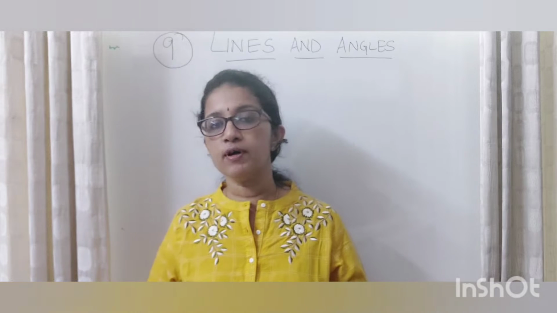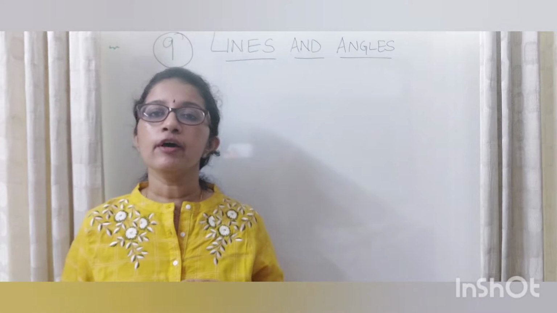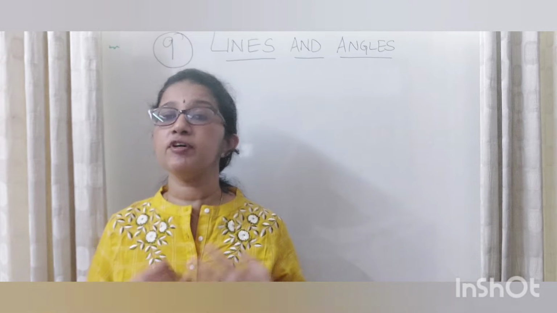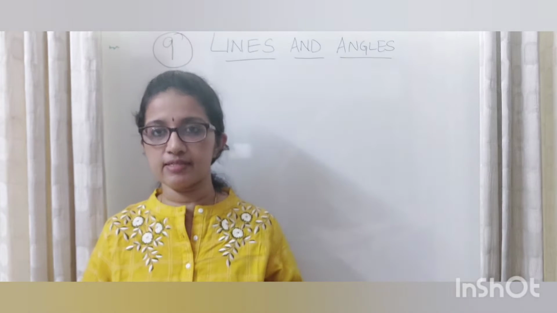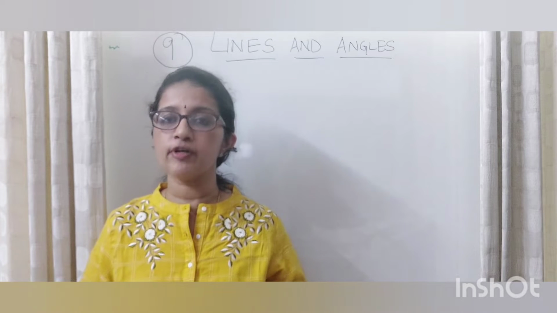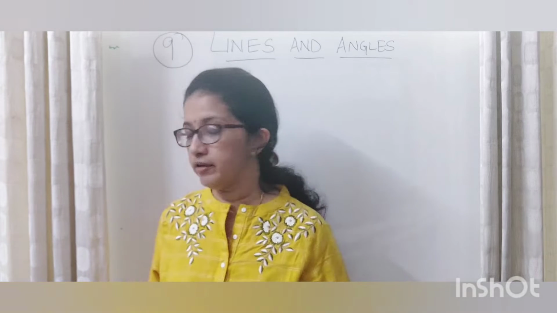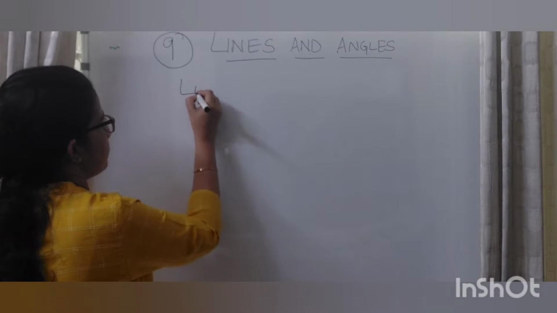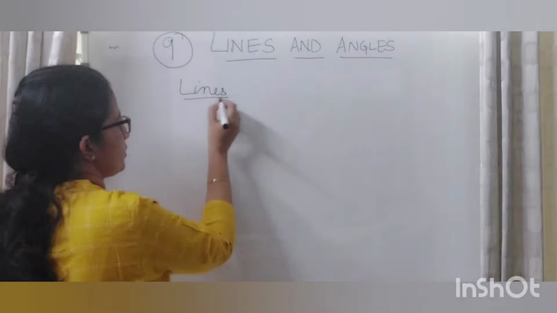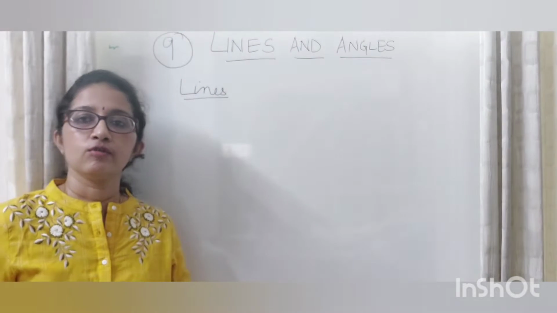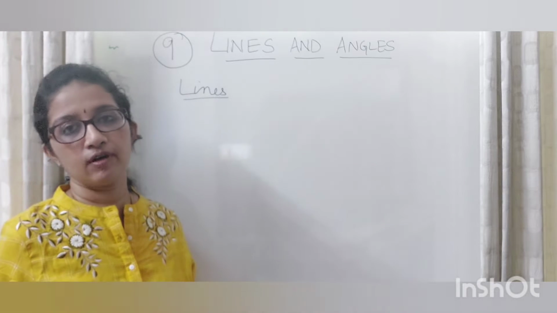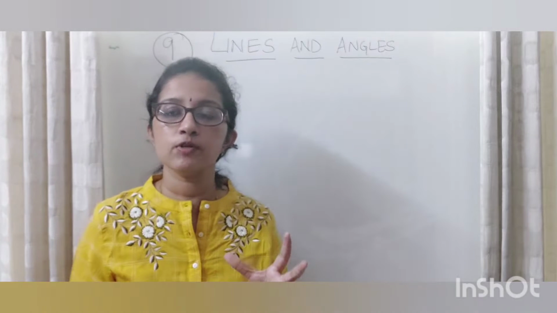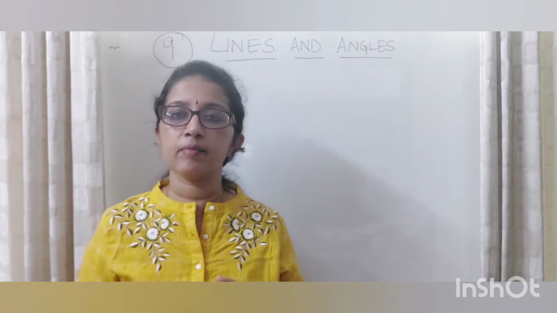First, we are going to revise some of our previous topics which we have already discussed, even in the last chapter. So this is just going to be a revision for you. Let's first take the topic lines. What is the difference between lines, line segments and rays?